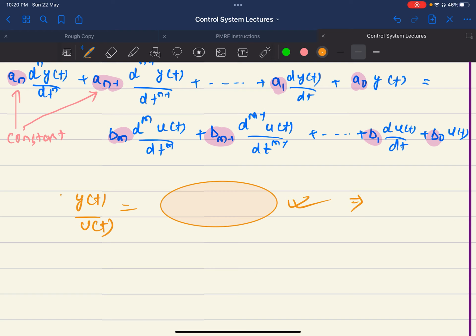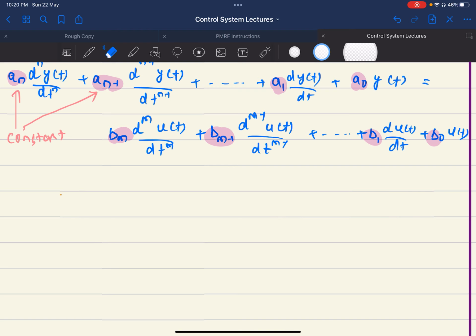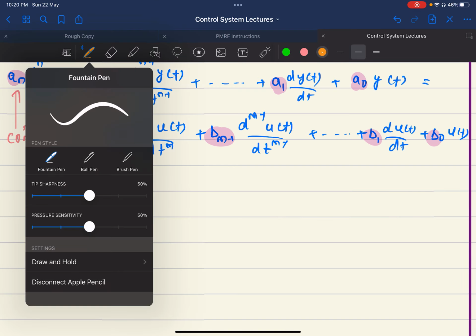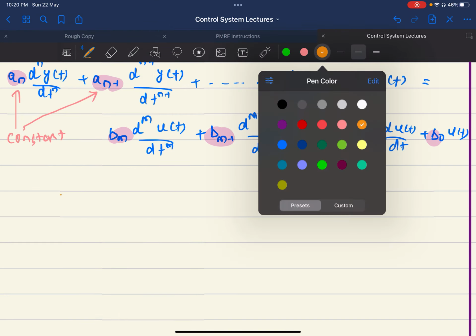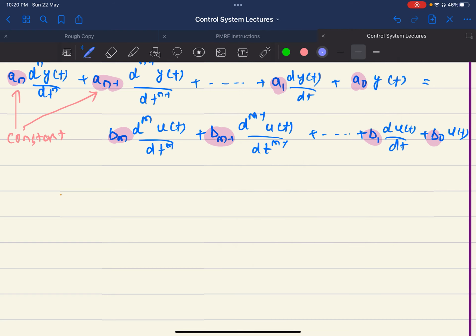For the transfer function definition, the Laplace of y(t), Y(s) by U(s), this is all we want. The problem is how to solve this very huge expression, which is very complicated in simple mathematical terms.